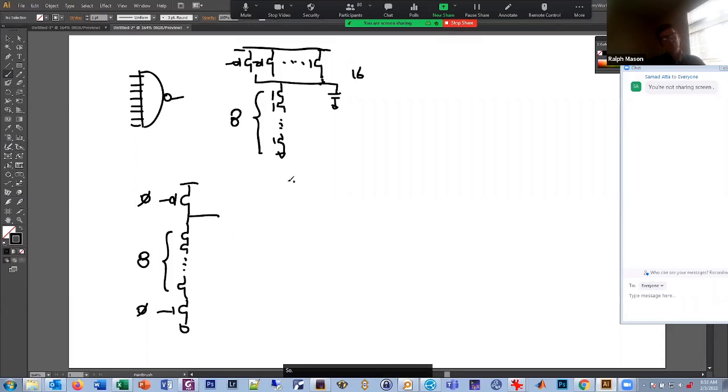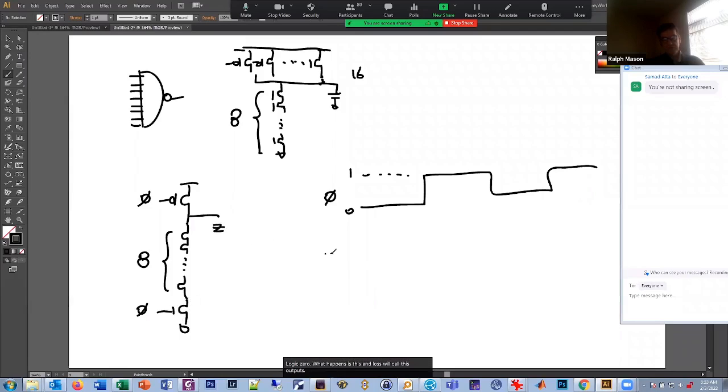So the way this circuit works is, let's say phi, I'm going to draw a waveform. When phi goes low, and then phi goes high, and it keeps repeating. Let's just draw 2 clock waveforms here. So when phi is low, logic 0, what happens is this NMOS, and we'll call this output Z, this Z node, there's no path to ground, right?